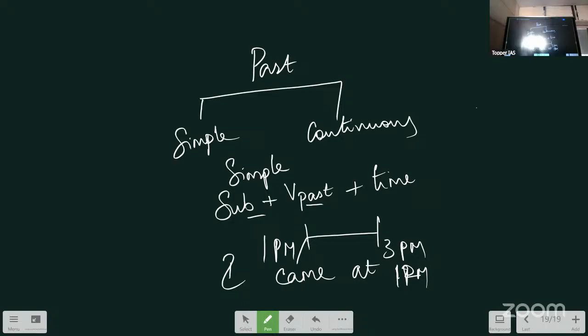Wrote. Read? Read. Study? Studied. So you should know the past of everything. Is it clear now? What is simple past? All of you clear with what is simple past? Okay. Now we will move to past continuous.